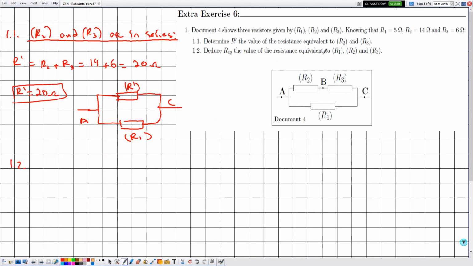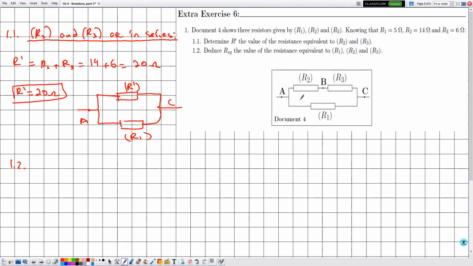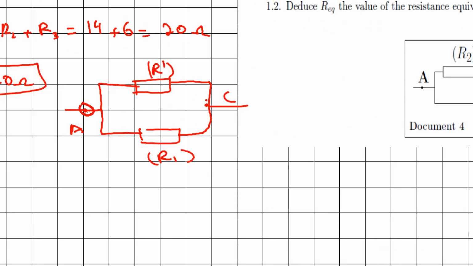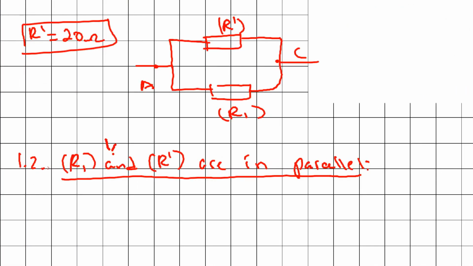Now we are interested in determining the equivalent resistance to R1, R2 and R3, replacing the points A and C. So it's more convenient to use this electric circuit because now R prime and R1 are in parallel. So this statement they usually give it half a mark.